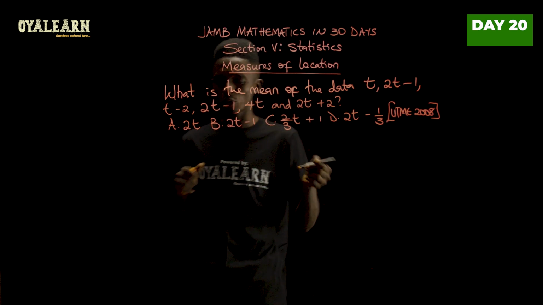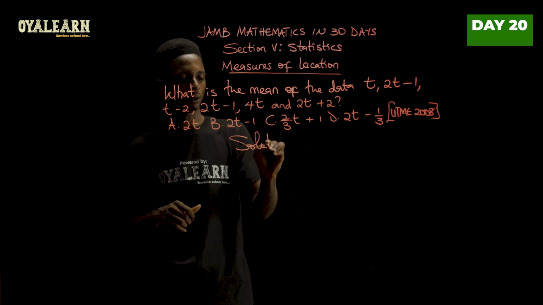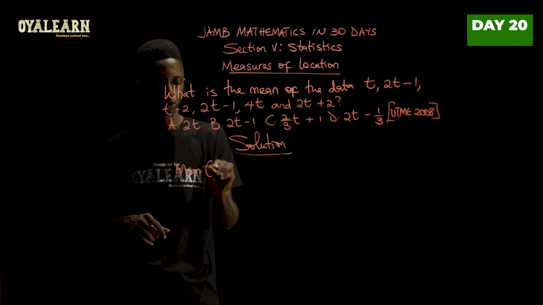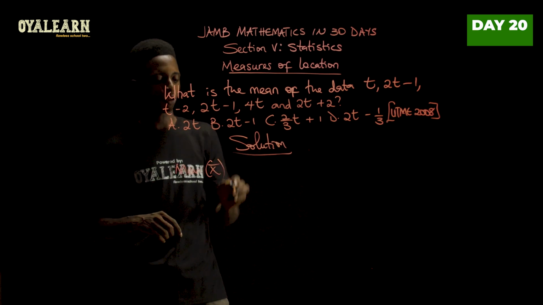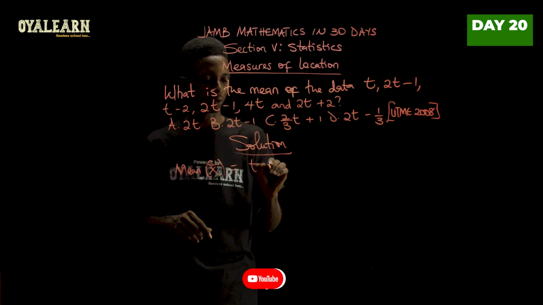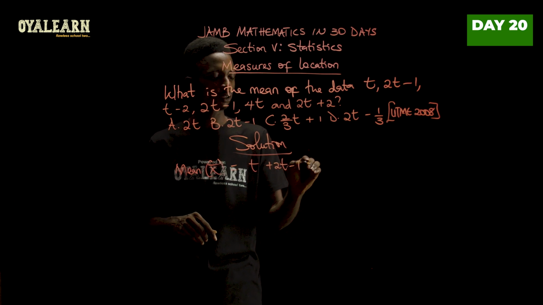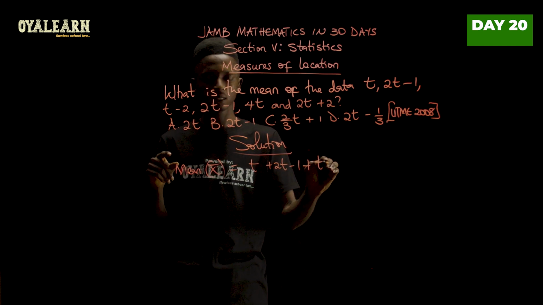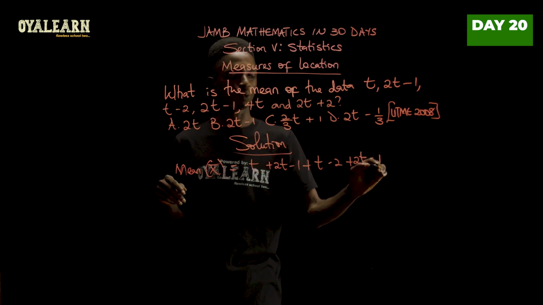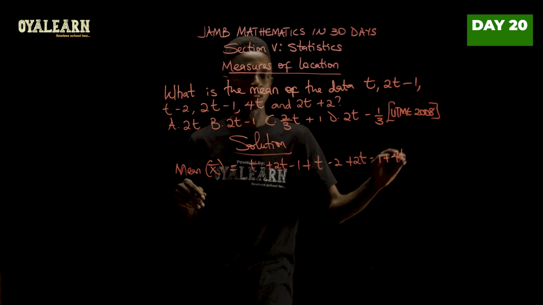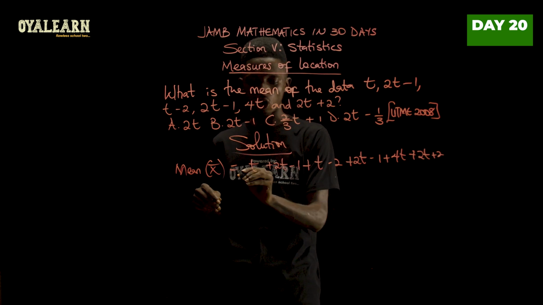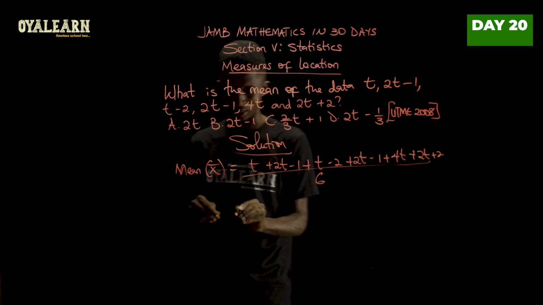So to find the average, which is the mean, our solution would be: the mean, also written as x bar in symbol, would then be the sum of all these data. So t plus 2t minus 1 plus t minus 2 plus 2t minus 1 plus 4t plus 2t plus 2, all divided by 6.